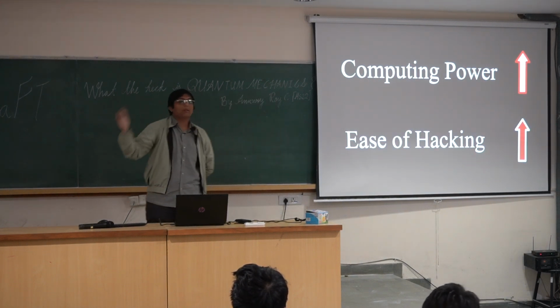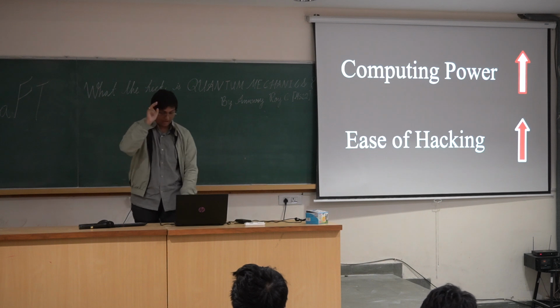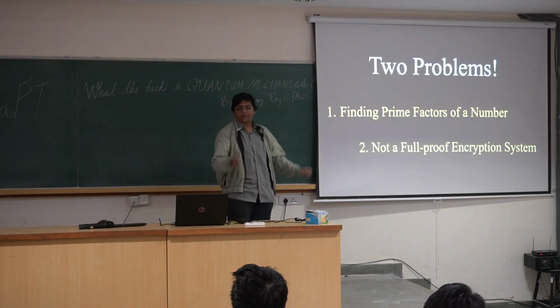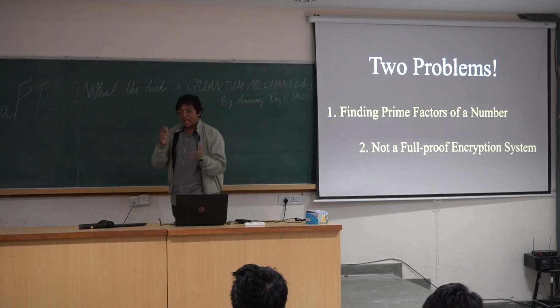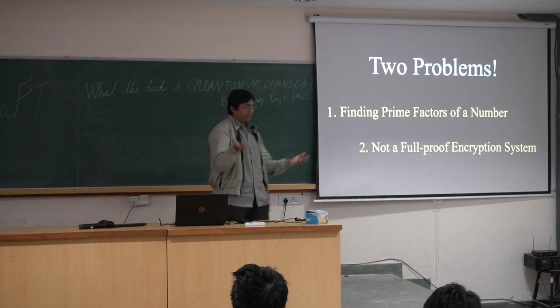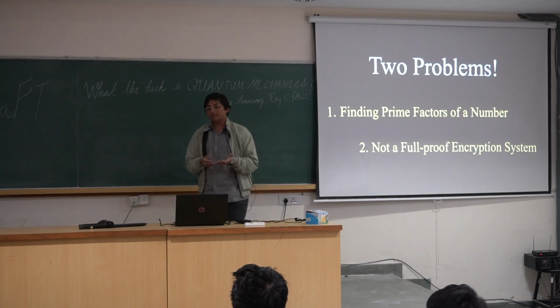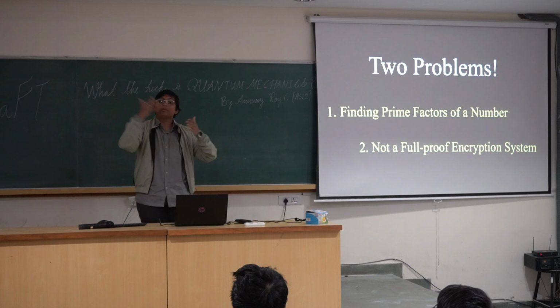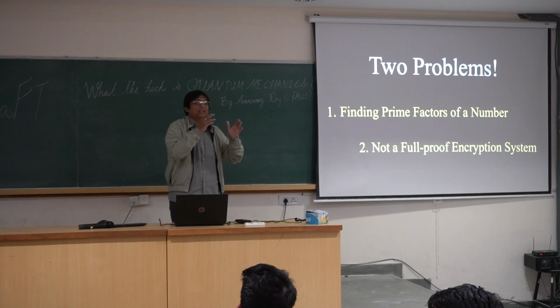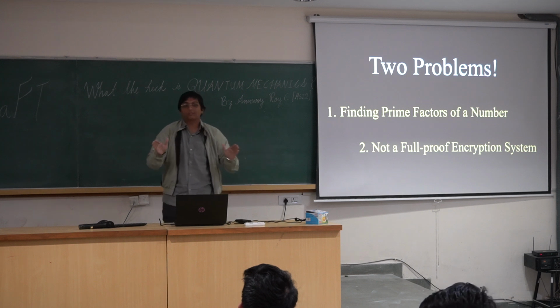So in this classical computing setup, we essentially have two problems. One, finding the prime factors of a very large number, and two, this is not a foolproof encryption system. The first one I just showed you, and the second one, well, if the computing power increases, it is theoretically not impossible to crack the encryption.